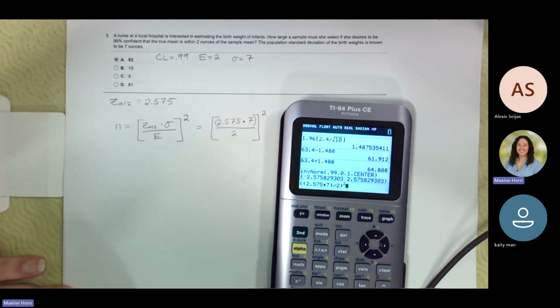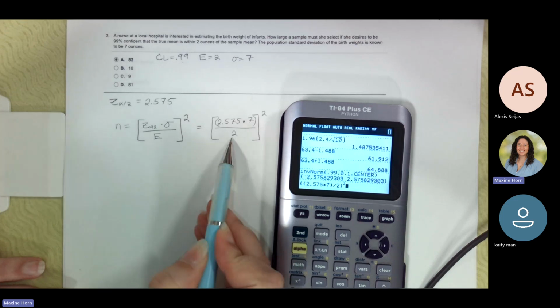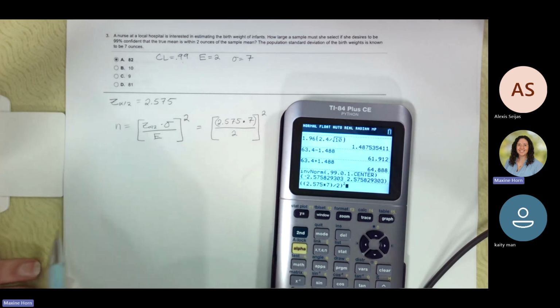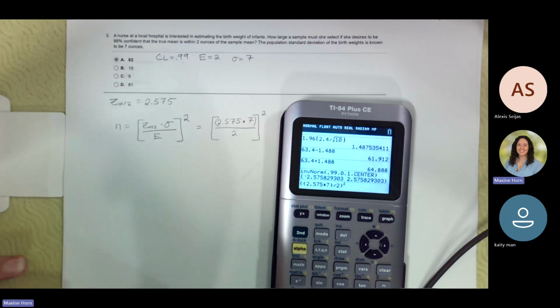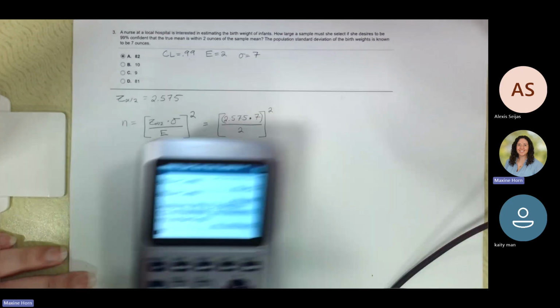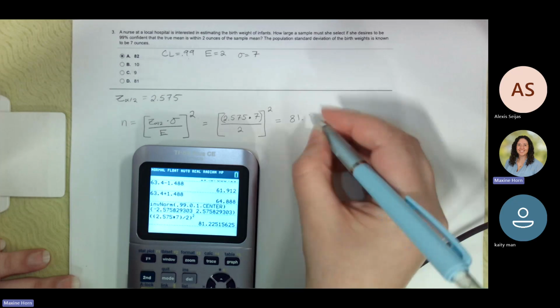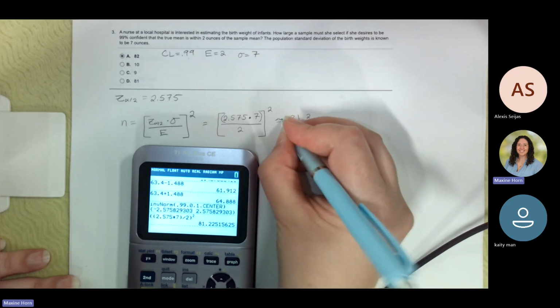You don't have to have that because order of operations says to do this multiplication before you do the division. But for those of you that are not super comfortable with order of operations and plugging things into the calculator, just use extra parentheses just to be sure. Okay, now when I do that, I'm getting this number.